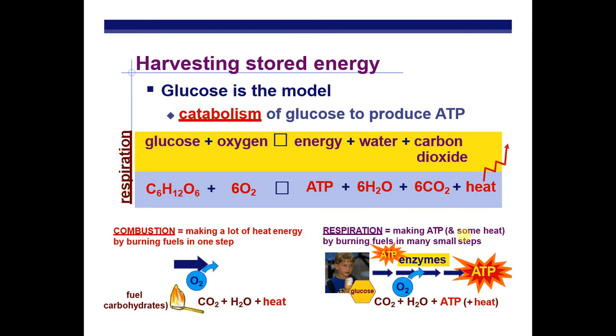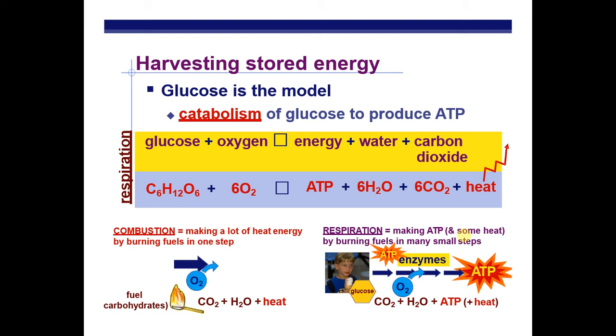When we talk about cellular respiration, we're going to use glucose as the model. We're going to talk about how we break a molecule of glucose down to harness the ATP through the catabolic reactions of respiration. In truth, this happens with all types of macromolecules: carbohydrates, lipids, proteins, nucleic acids.